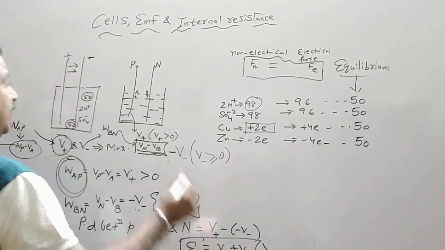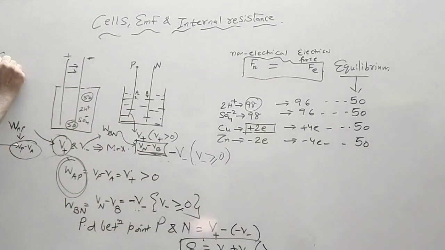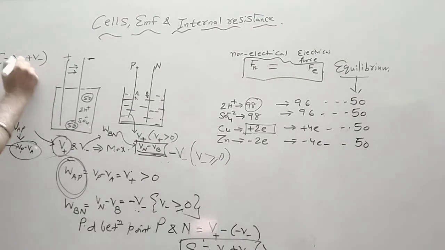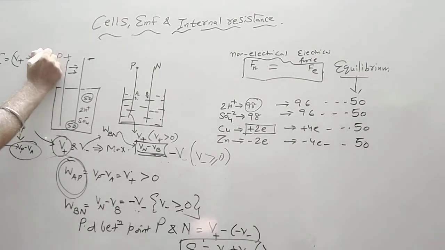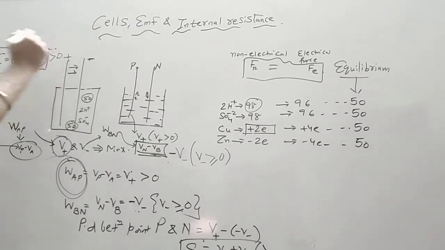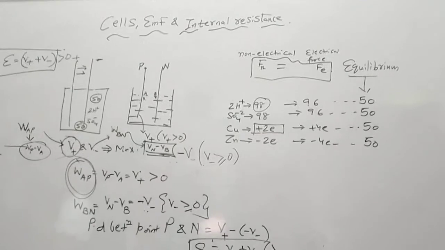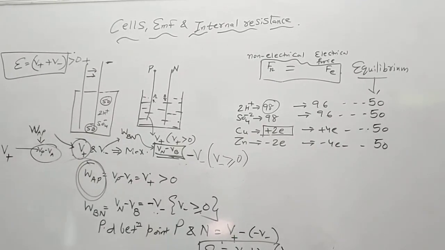You have to remember this: E is equal to V plus plus V minus, that is the formula for EMF, which is greater than 0, and we defined it as the maximum potential difference in open circuit condition.